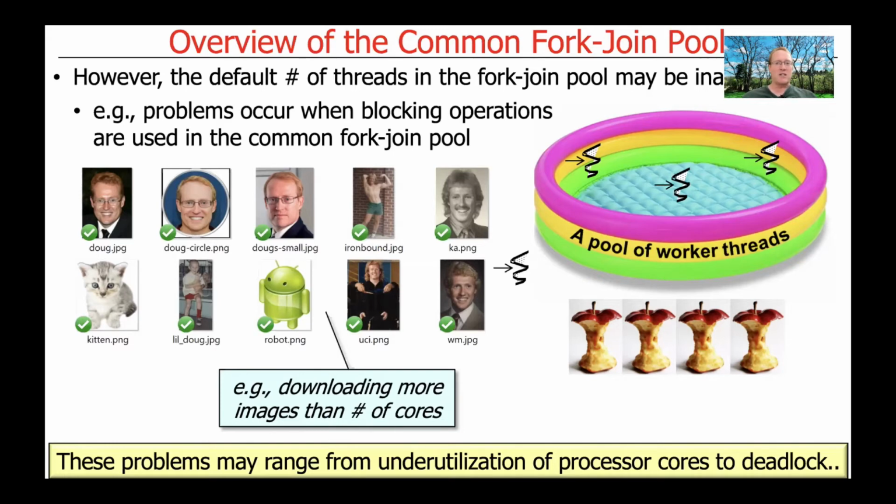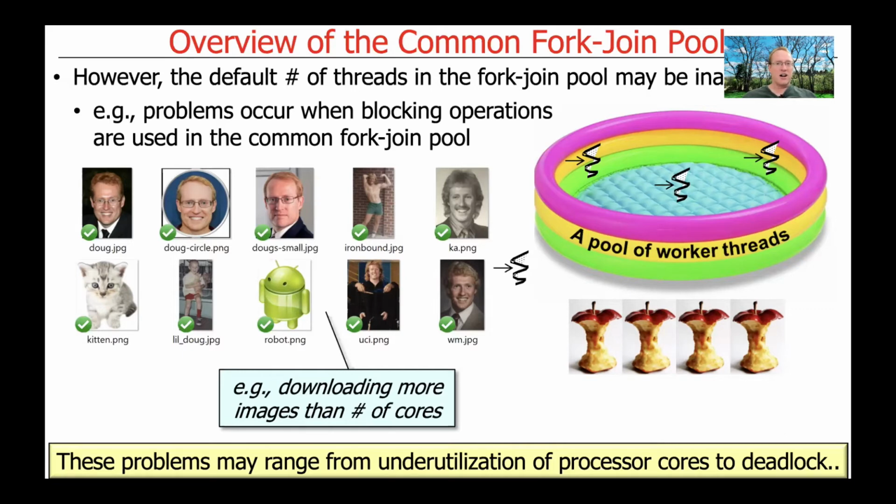For example, you might be downloading a whole bunch of images from web servers, and there may be more images you're trying to download at any given point than there are cores available to download them. And in this particular situation, as you may recall from our other discussions about thread pools, when you have I/O bound computations, you typically need to have more threads.